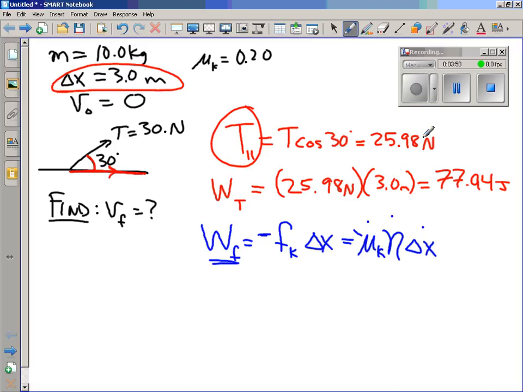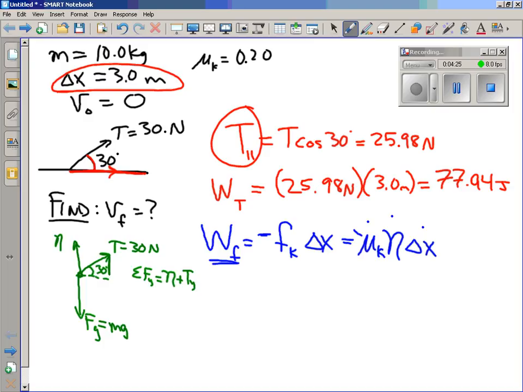If I do a little side diagram over here, what are the forces acting on this object? Well, we have the force of gravity, this object being Paul, I guess, which is equal to mg. We have the tension, which is 30 newtons, like that, 30 newtons at 30 degrees above the horizontal. And we have the normal force. So in the y direction, the sum of the forces in the y direction equals the normal force up plus the tension in the y direction up.